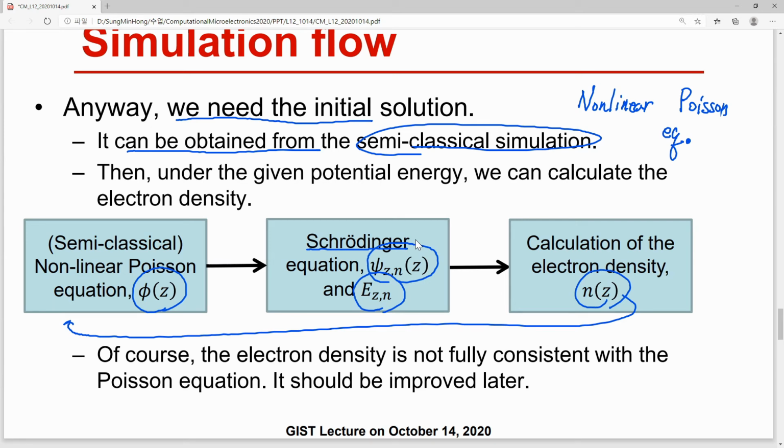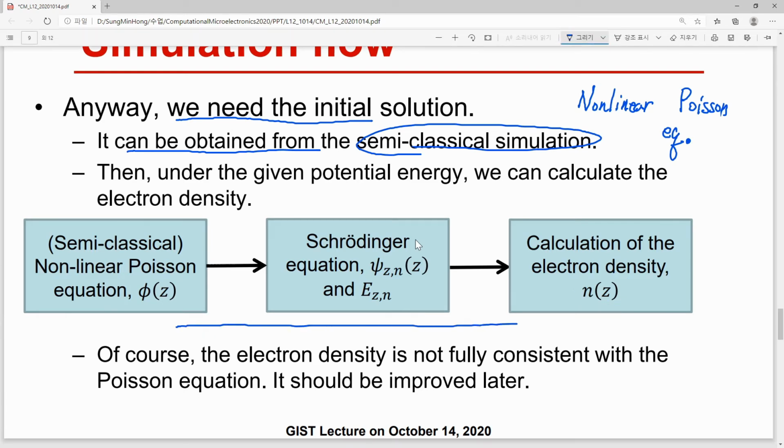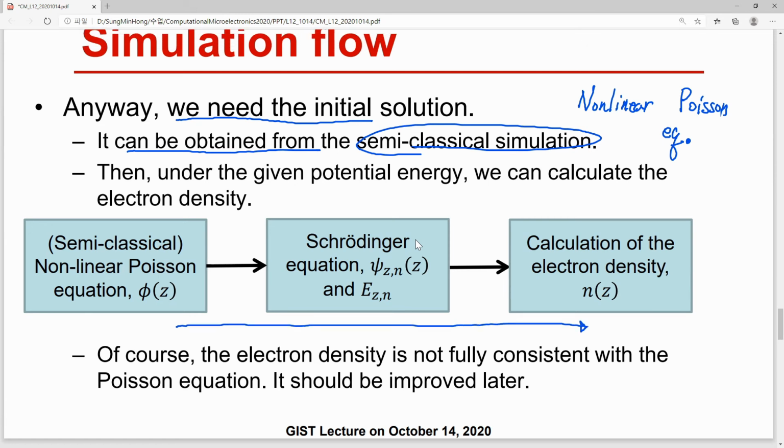That is our eventual goal, but for a while, let's concentrate on this one-directional simulation flow. Now you already have the nonlinear Poisson equation, and our goal is just to solve the Schrödinger equation, and from that information calculate the electron density as a function of position.